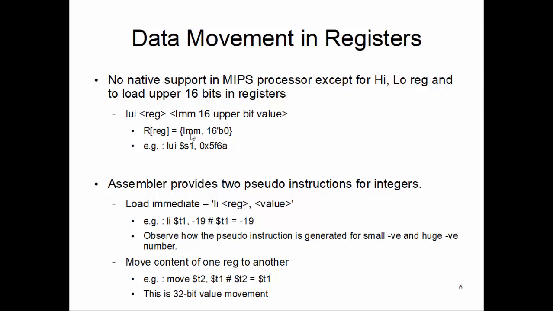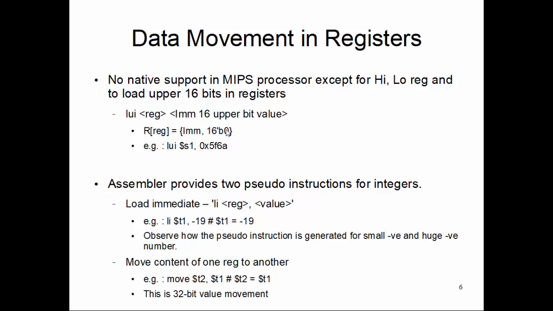Immediate is your 16 bits, and the notation 16'b0 means binary format, 16 bits, all of them 0. So this is the meaning of that notation.